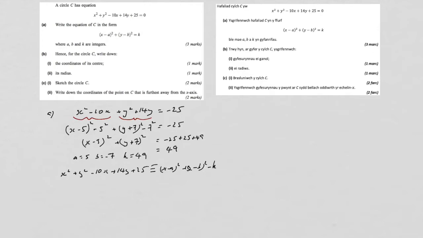So that was making the x minus a squared form into an equals naught. Now if we then open up those brackets, we get x squared minus 2ax plus a squared plus y squared minus 2by plus b squared take away k.